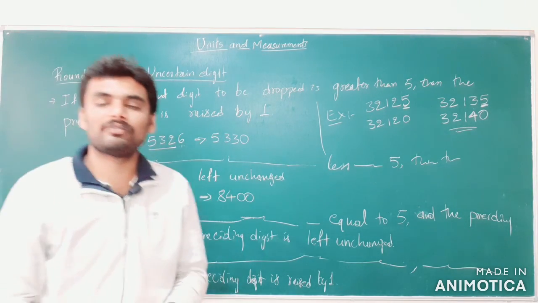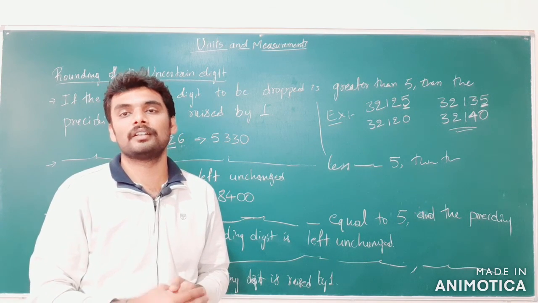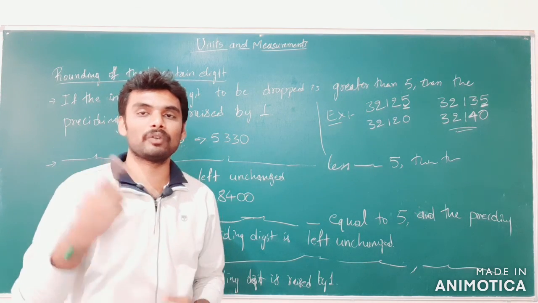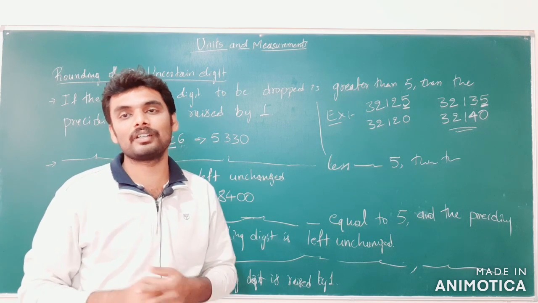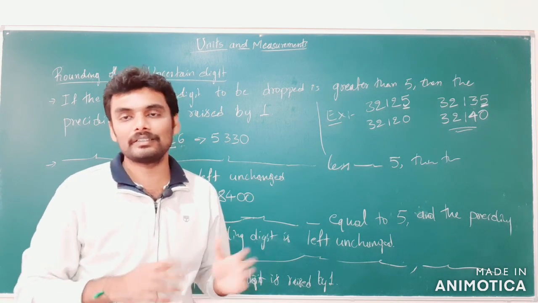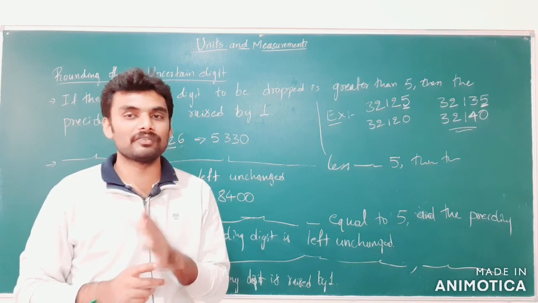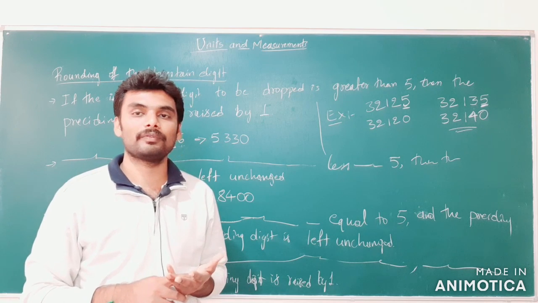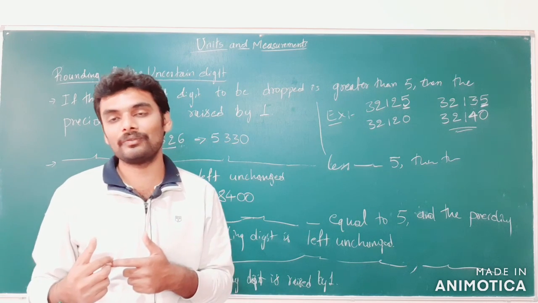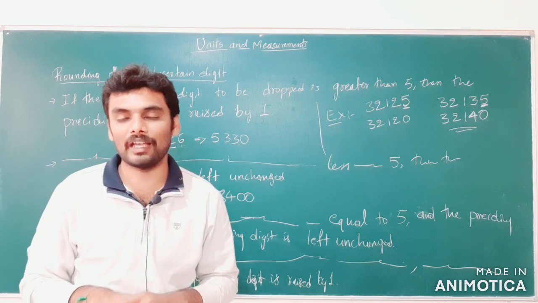If the insignificant figure is greater than 5, then you raise the preceding term by 1. If the insignificant figure is less than 5, then we'll retain the preceding term as it is. If the insignificant figure is equal to 5 and the preceding digit is even, then we will retain it as similar.